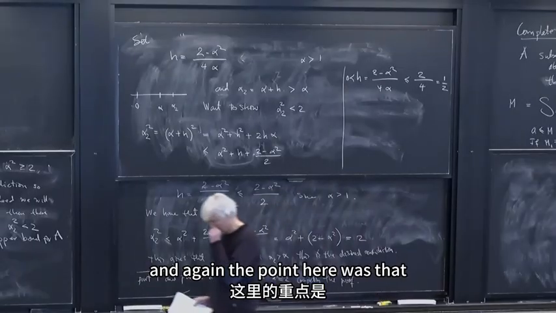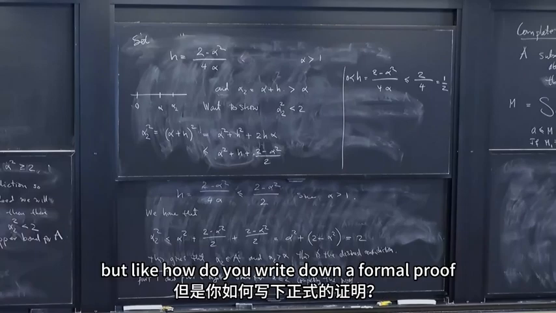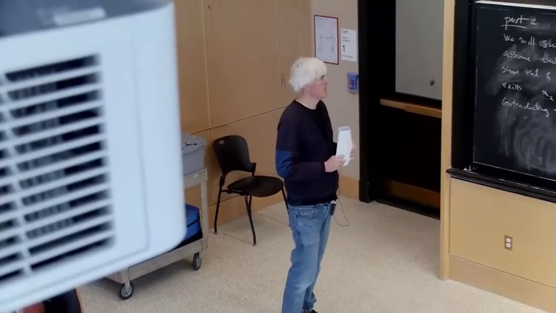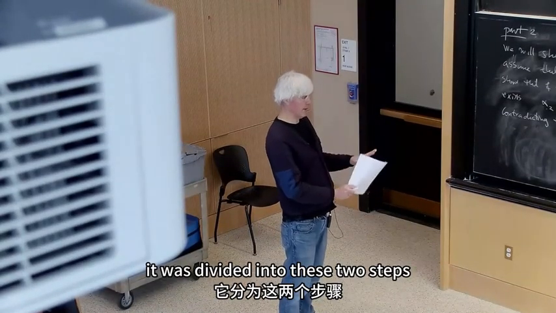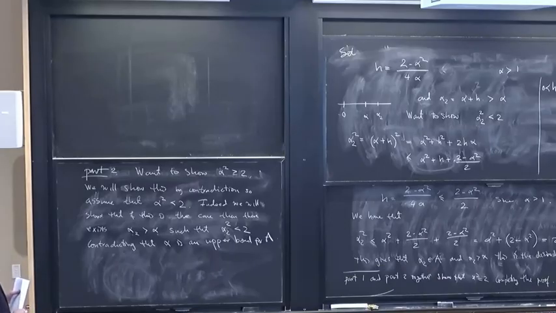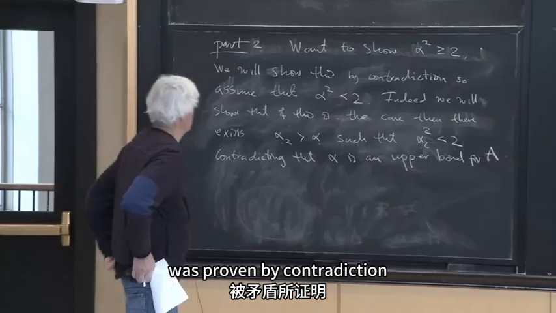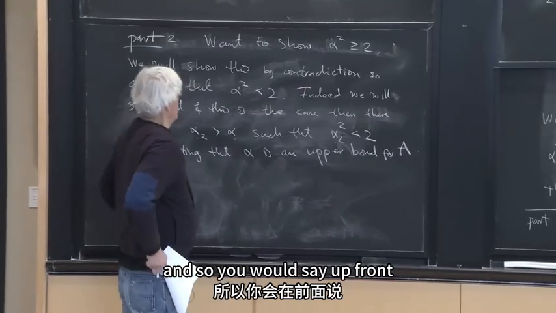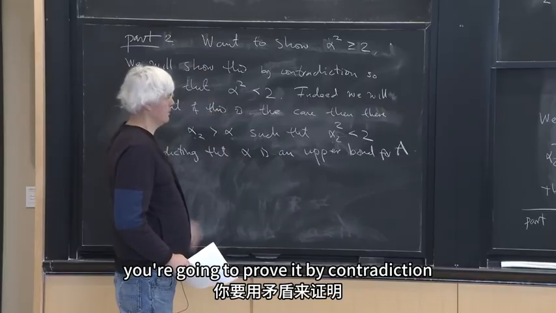Right, and again, the point here was that we already knew how to prove this, but how do you write down a formal proof? For this proof, it was divided into these 2 steps, so you try to write each step separately. Both of the 2 steps were proven by contradiction. And so you would say up front that you're going to prove it by contradiction.